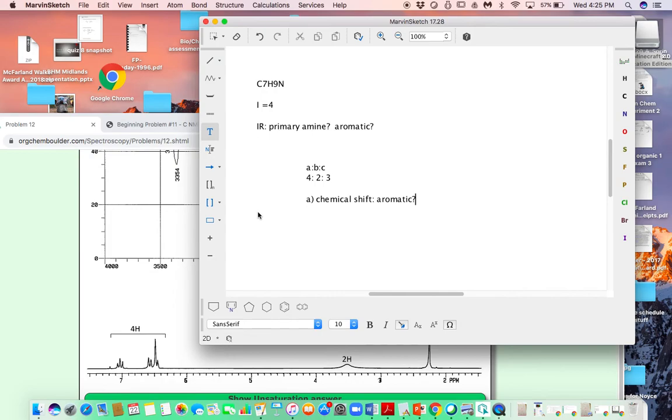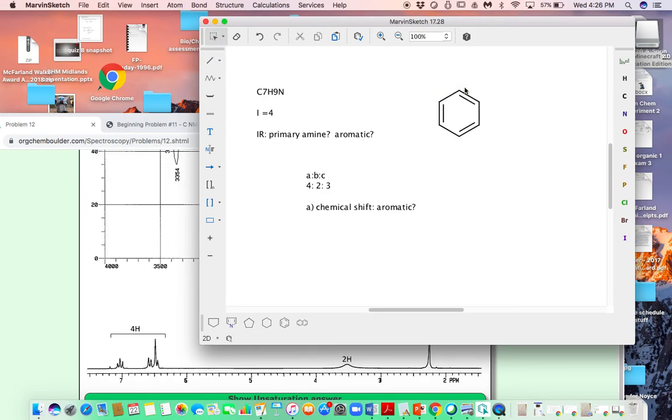So sometimes it just lumps them all together, and that's what happened here. So this tells you that you have an aromatic ring with 4 hydrogens. And if we think about it, if we have 4 hydrogens, that means that 2 of these carbons must have something on them. So this is going to be a di-substituted aromatic ring. All right, so that tells us a lot.